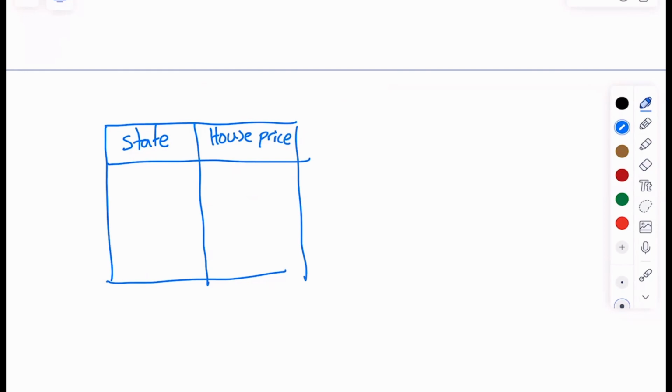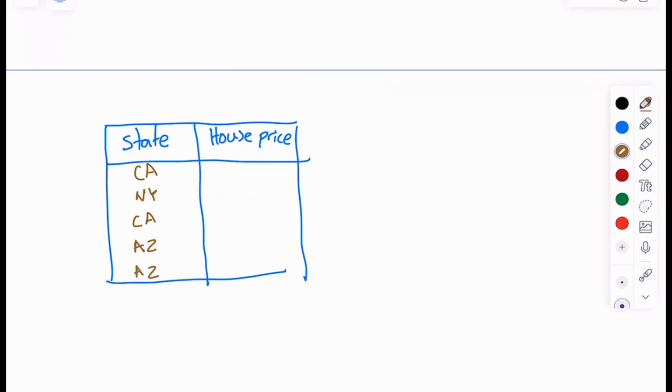We have California, we have New York, we have California again, we have Arizona, and let's say we have another Arizona here.